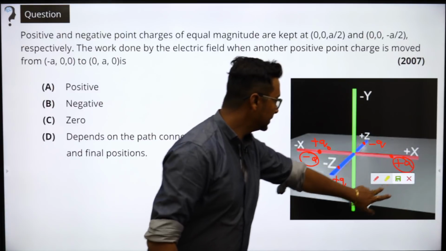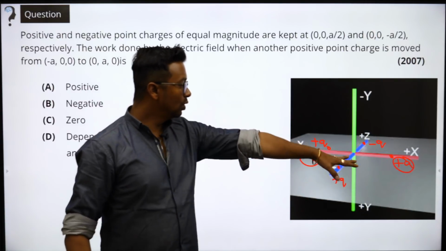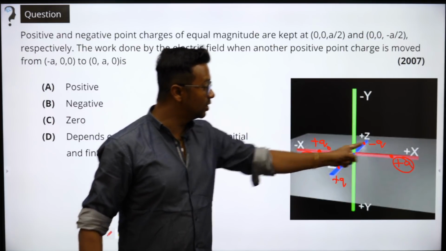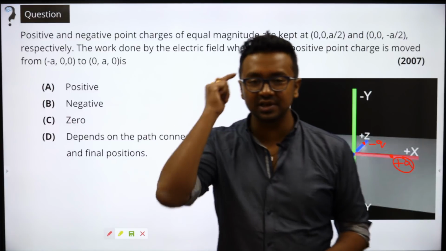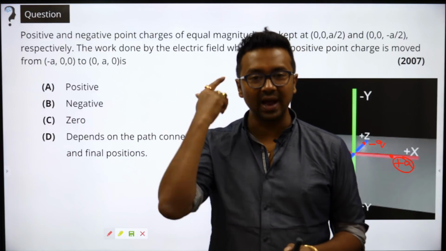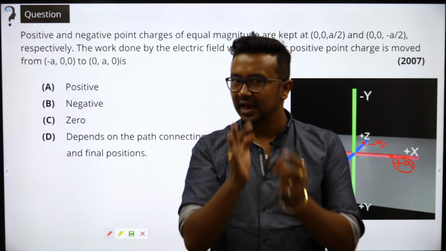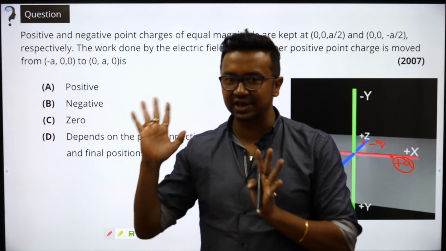Let's remove this. So, what do we see here? How much work is done in going from here to here. Students, remember gravitation, again analogy. Why am I stressing on analogy? Because this entire chapter of electrostatics is analogous to gravitation.